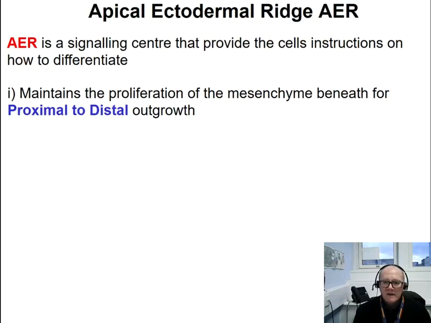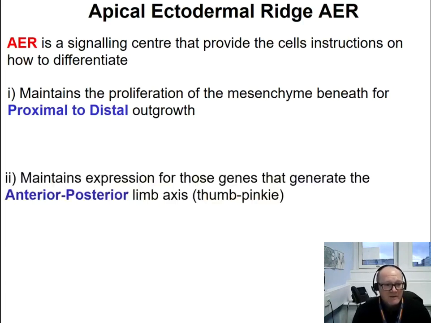First of all, as we saw just now, it is important to maintain the proximal to distal axis and outgrowth. The apical ectodermal ridge is also important because of its interaction with the ZPA, the zone of polarizing activity.